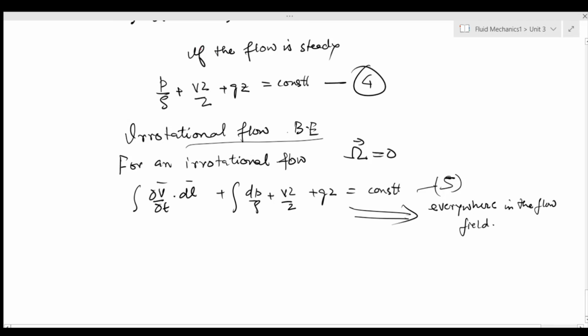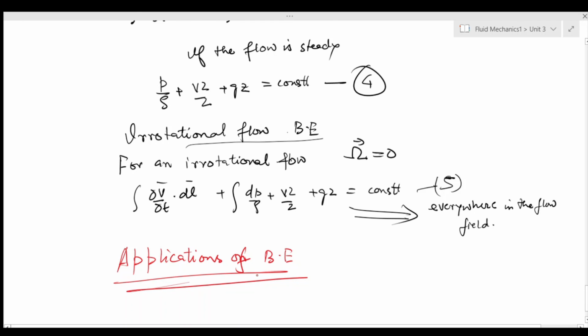And after that, I would like you, from any of your books, from Frank and White or from Fox McDonald, to look into different applications of Bernoulli's equation. Please see applications of Bernoulli equation and try to do solved and a few unsolved problems from your books, and you can very easily do that.